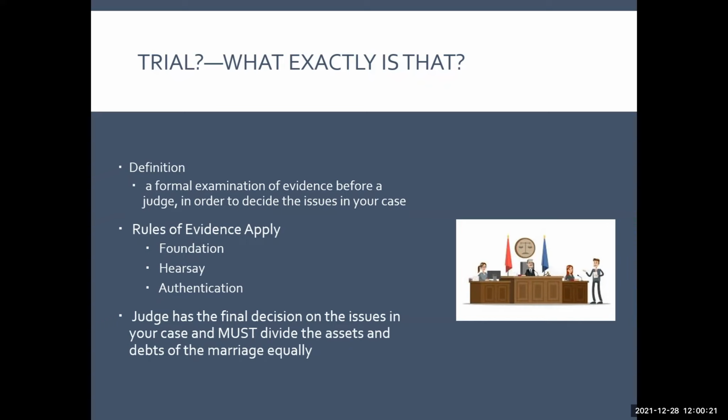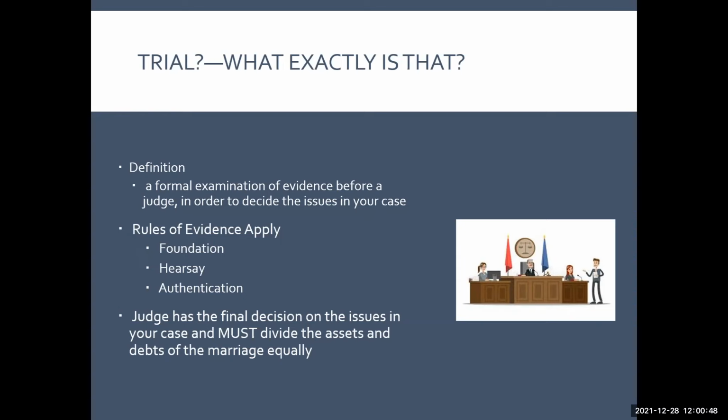This is most important when you have an attorney who represents the other party, because they're going to know the rules of evidence and make sure that they apply in the case. The three most common rules of evidence that we see are the laying of a foundation for your evidence, hearsay and its exceptions, and the authentication of your exhibits.